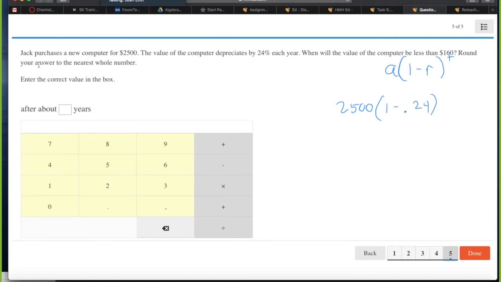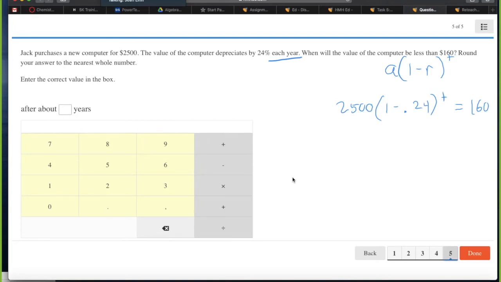I took that percent and turned it into a decimal. And I need to know t. It depreciates each year, and when will the value of the computer be less than 160? So I need to know when it's going to hit that 160 mark.